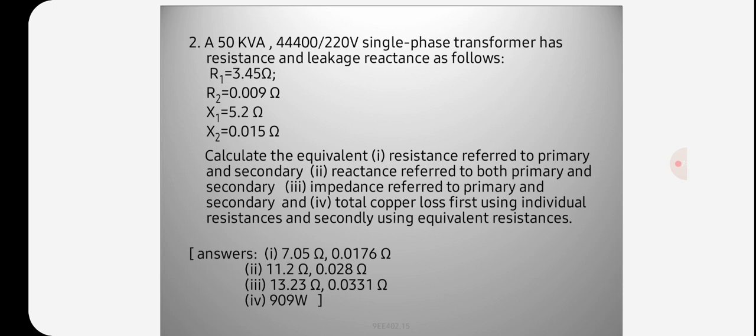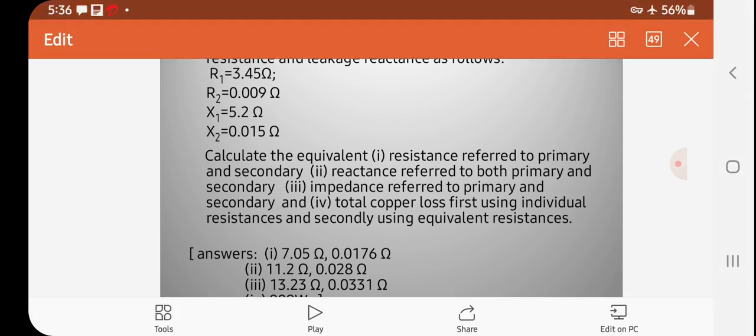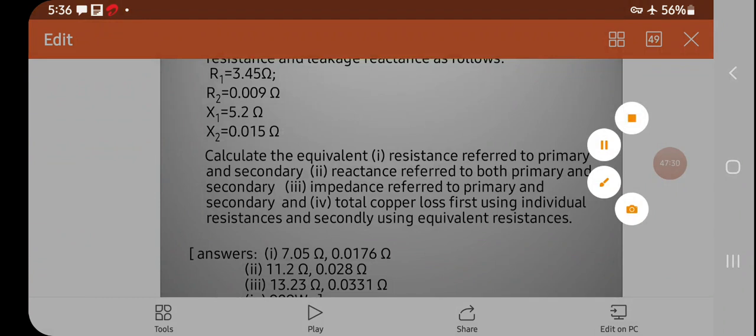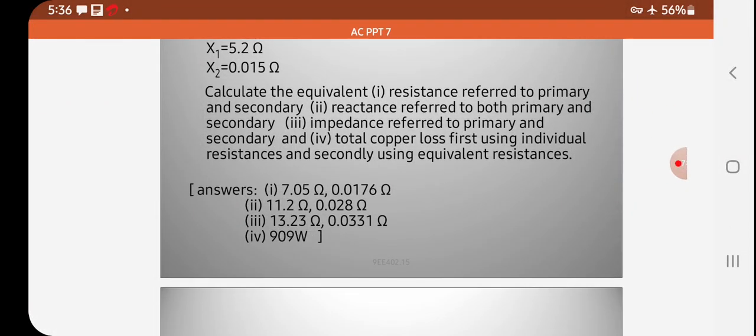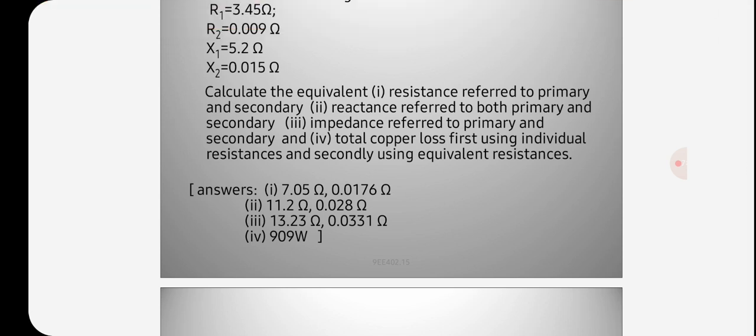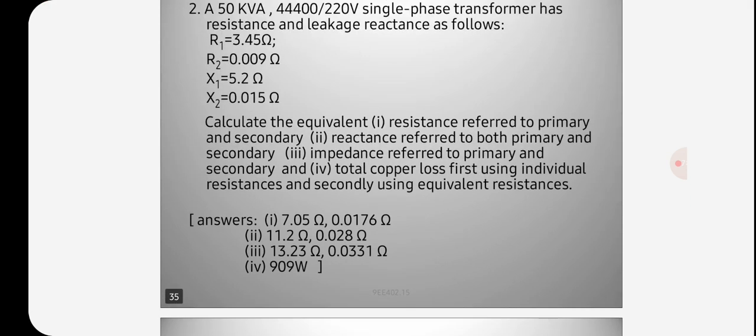Calculate, first, the equivalent resistance referred to primary and secondary; second, the reactance referred to both primary and secondary; and third, the impedance referred to primary and secondary. And also the total copper loss, first using individual resistances, and secondly using equivalent resistances. The answers will be given for the first, second, third and fourth questions.